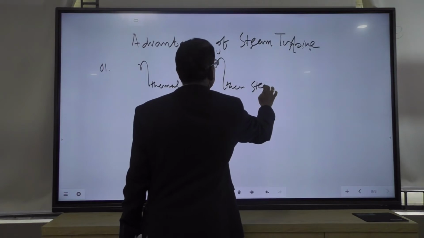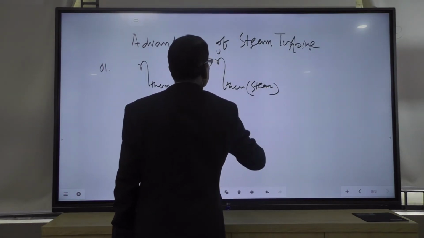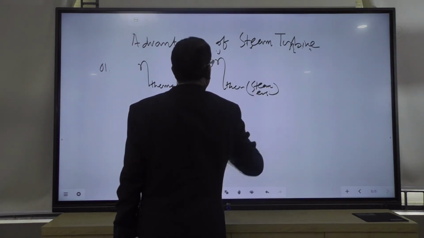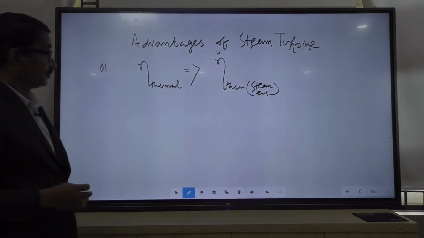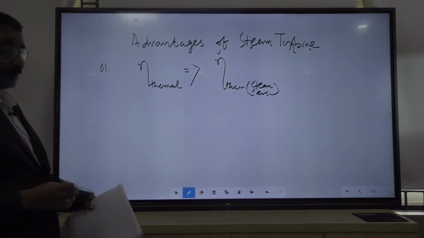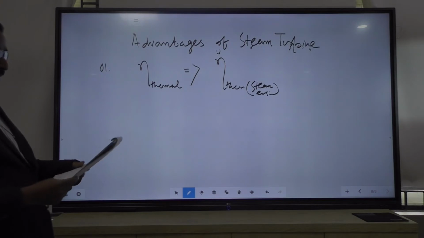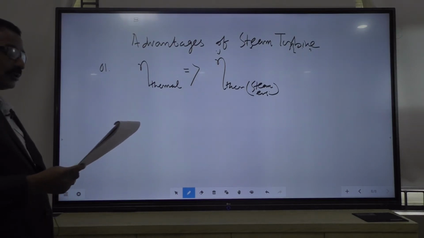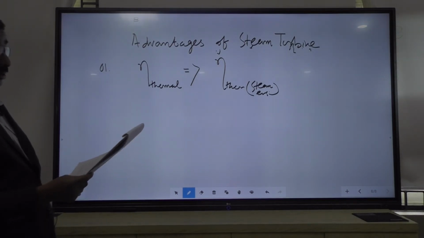This is the first advantage. Efficiency will be more for the steam turbine, having the same pressure limits of boiler and condenser pressure. The steam turbine has more thermal efficiency.